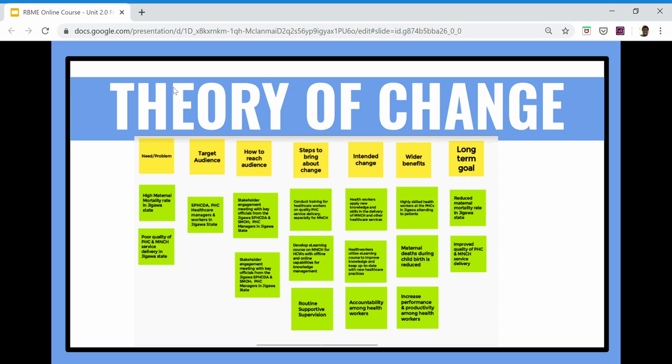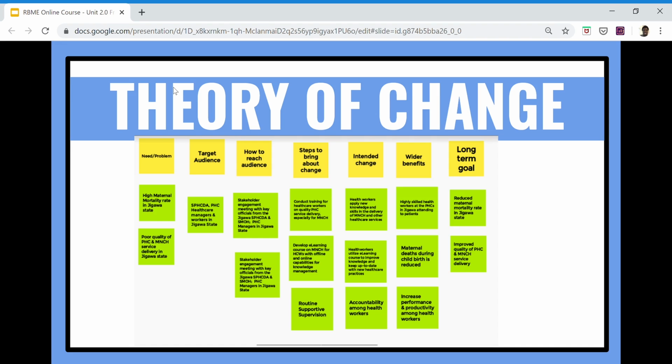In real program conditions, you might be recruited after implementation has started, or about when the implementation has started. You might not be there during the program design, especially if you're working with an NGO. State governments or federal governments can have a national M&E officer, but not at all times.